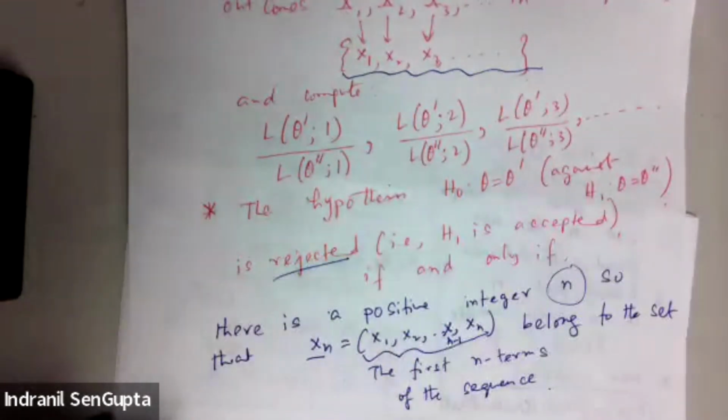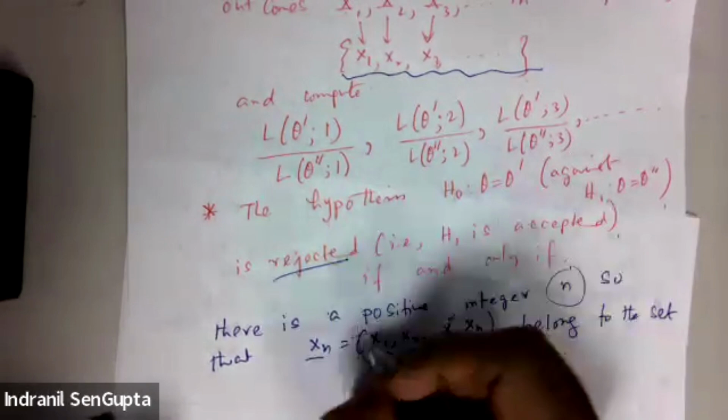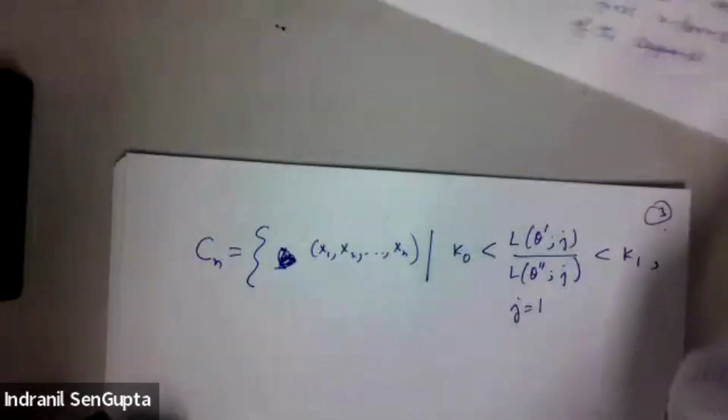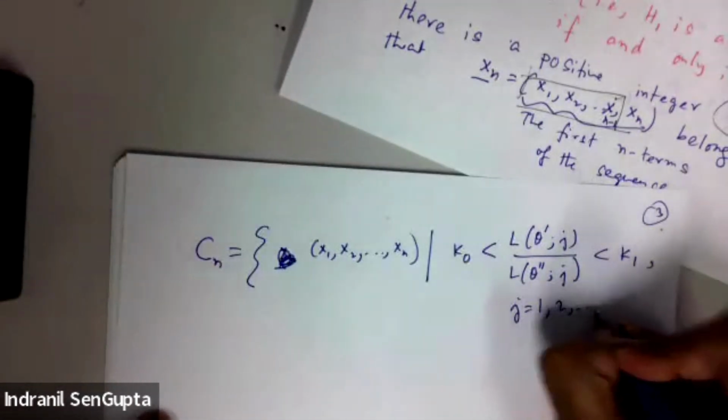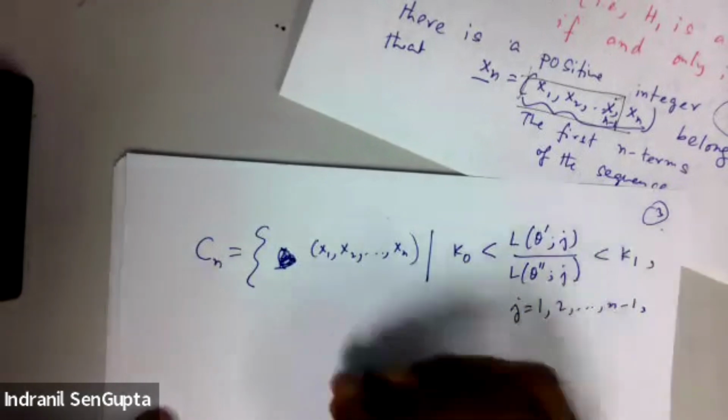Up to this one, when we observe, this should hold, so j from 1 all the way up to n minus 1.